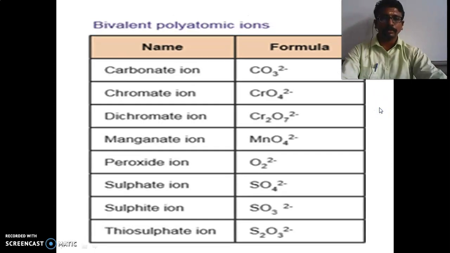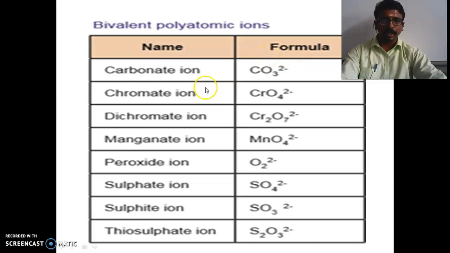Next are the bivalent polyatomic ions. Bi indicates 2. Some compounds have anions with valency 2. Let me discuss which compounds and ions these are. First, carbonate. The carbonate ion formula is CO3 2-.